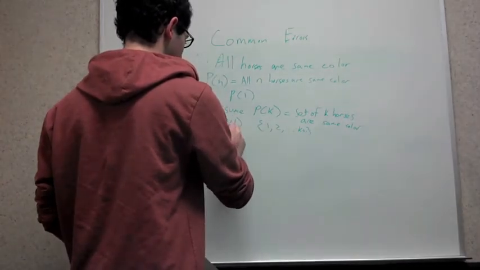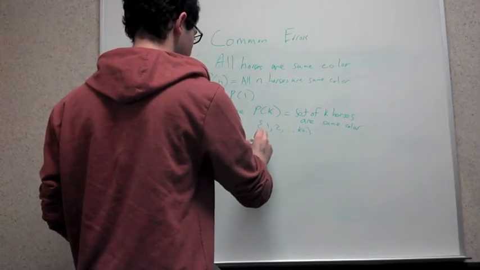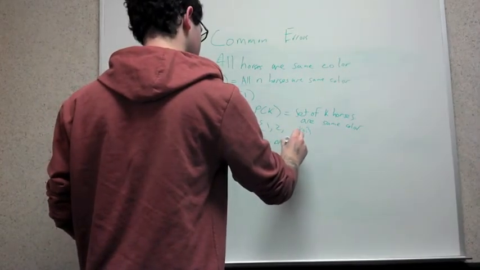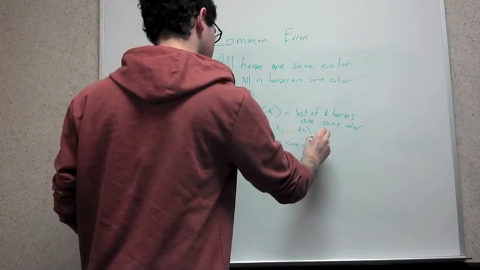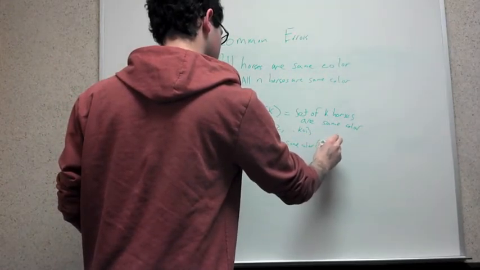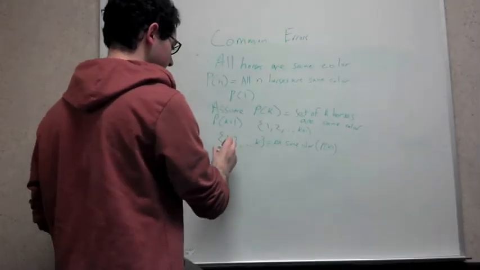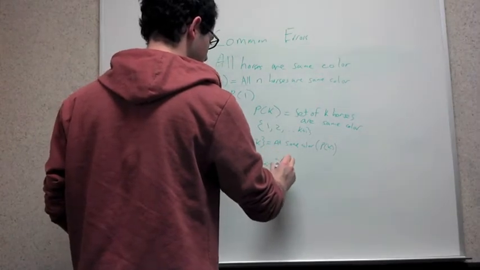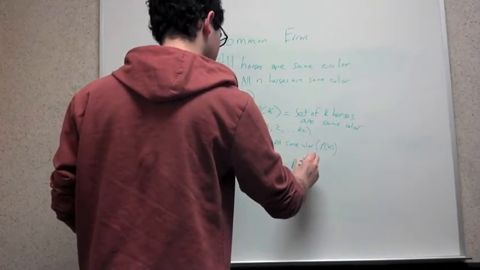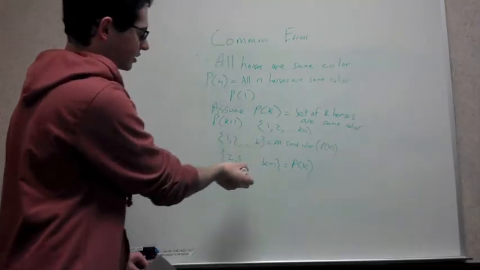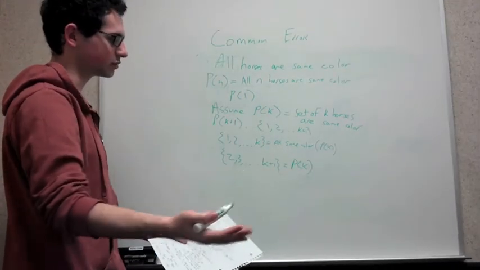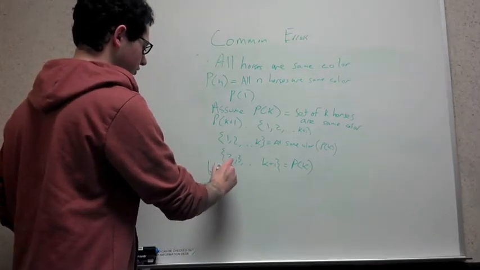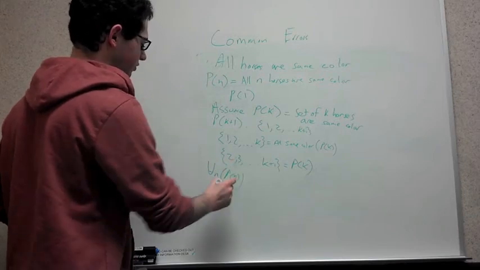Well, we have this set 1, 2 to k, which is a set of k, because we know p of k is true. We have this other set, 2, 3 to k plus 1, which is a set also of size k. And since these sets intersect, all the horses must be the same color. So we can conclude that for all n, p of n, or that every horse is the same color.